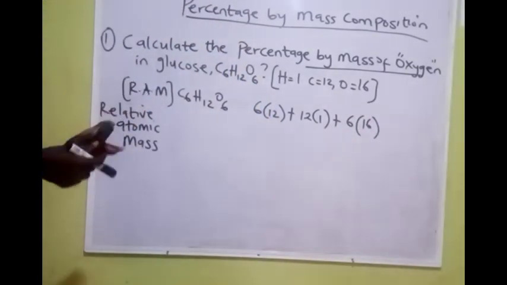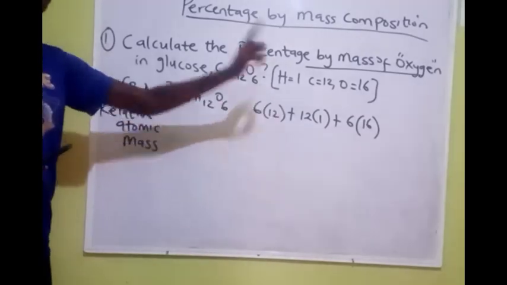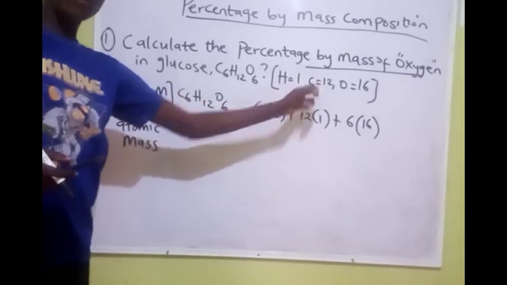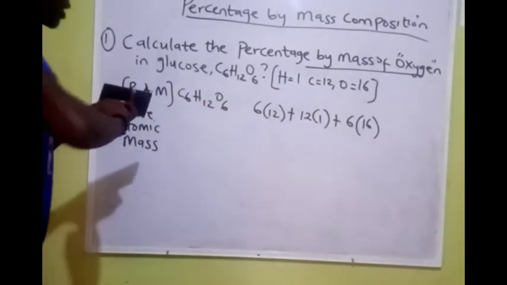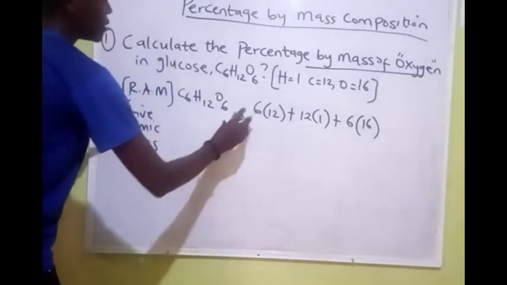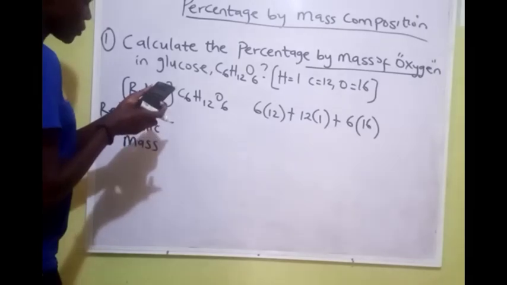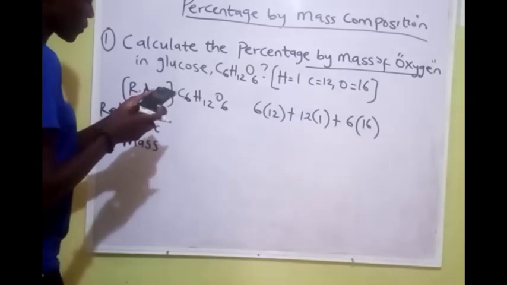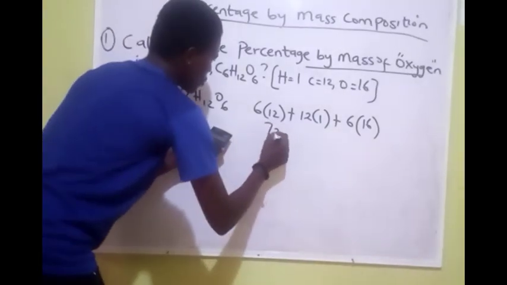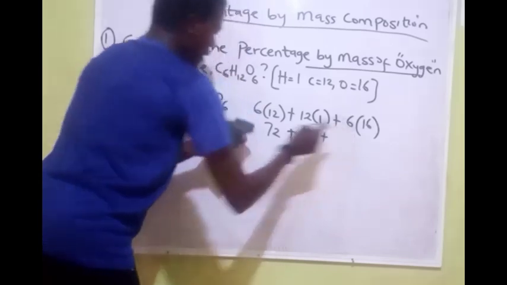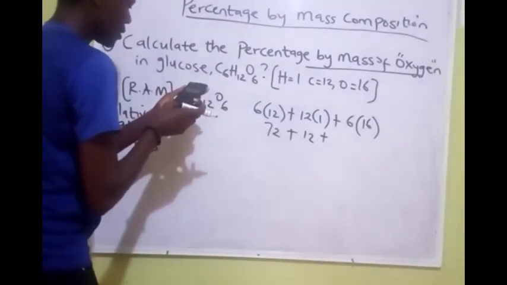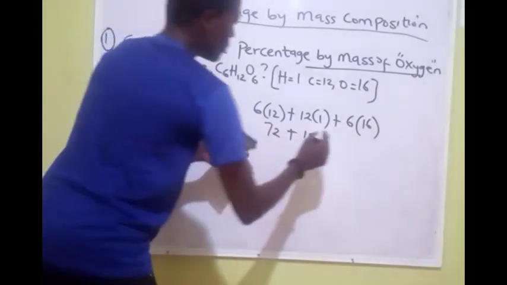That's to say we are using their subscripts to put in brackets their relative atomic masses. So we have here 6 times 12. 6 times 12 is equal to 72 plus 12. 12 times 1 is 12 plus 6 times 16.